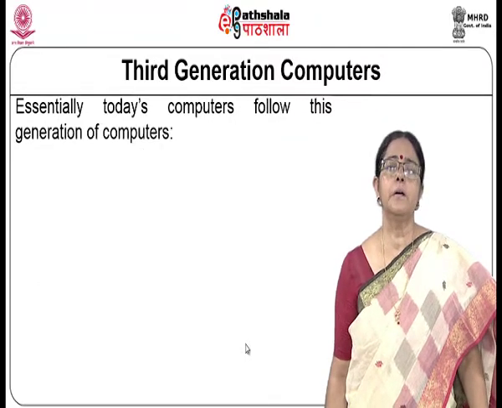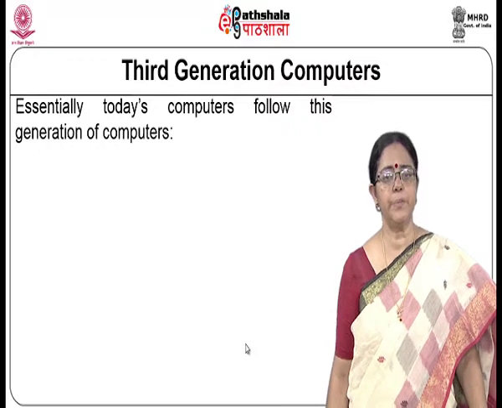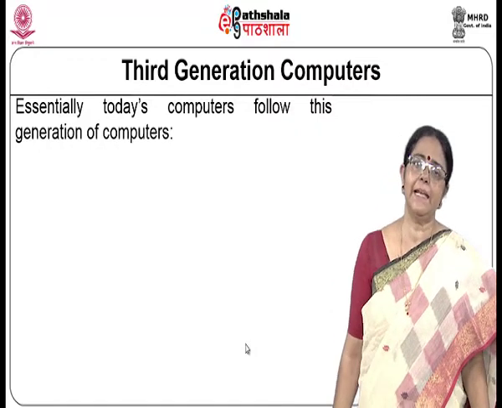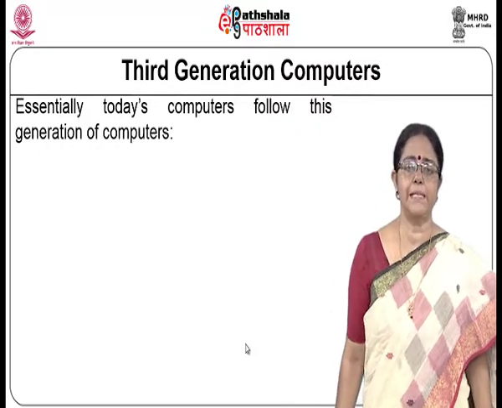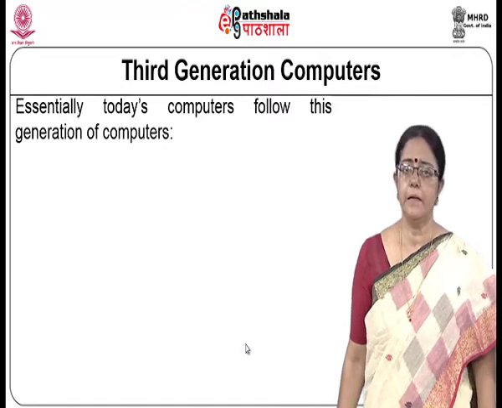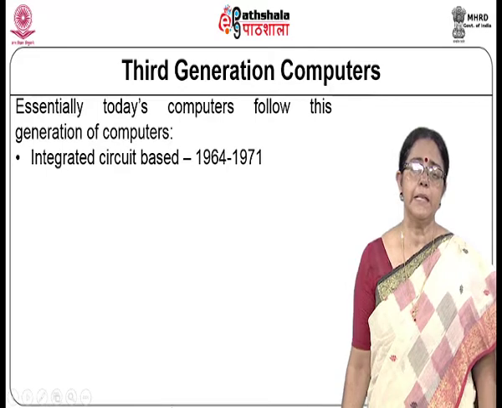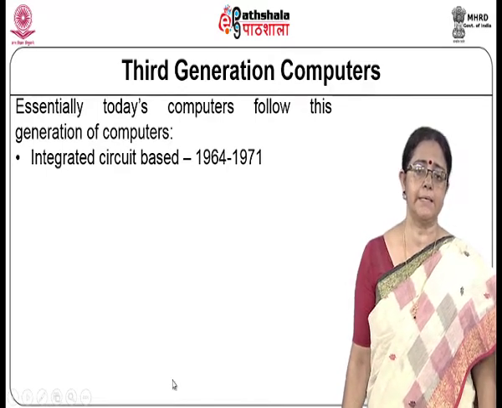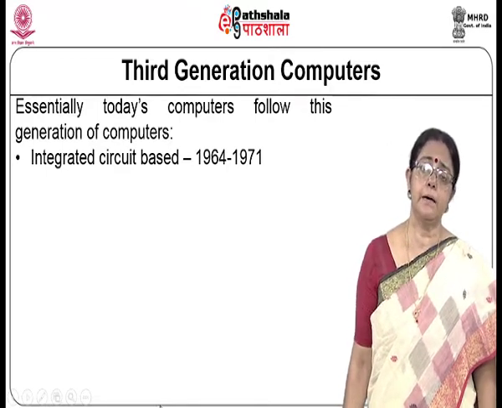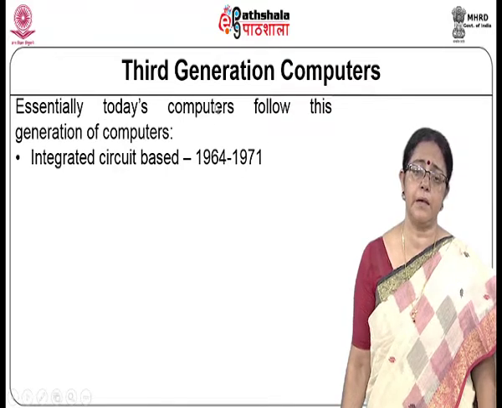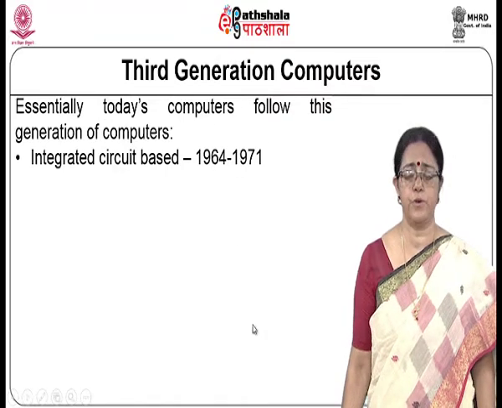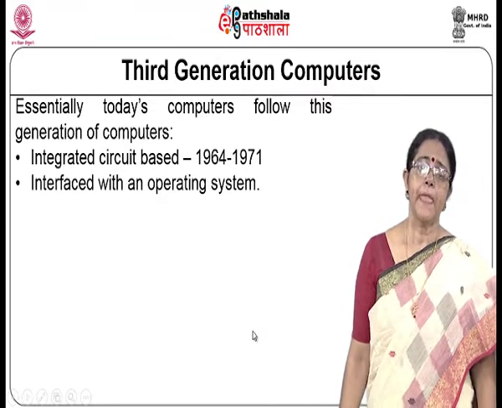So, let us talk a little about today's computer. Today's computers basically follow the same mechanism as the third generation computers. We looked at the third generation computer. These are the integrated circuit based computers in the time of the 1960s and 70s.